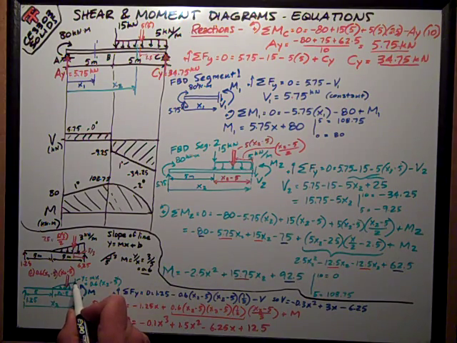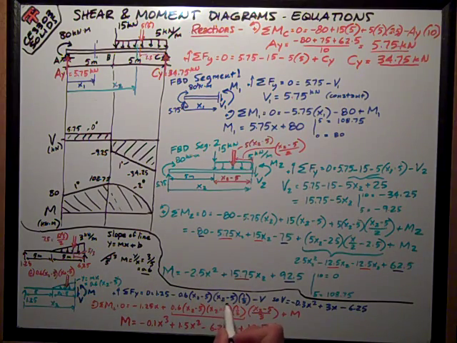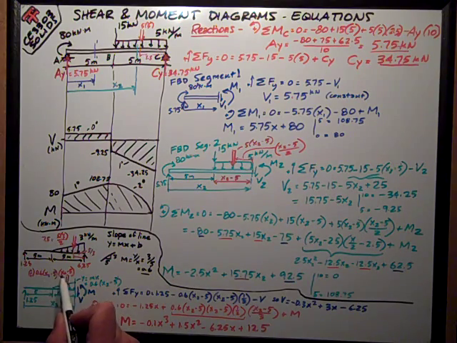That's the height of that triangle. The base of the triangle is x2 minus 5. And it's a triangle, so it's times 1/2. So the resultant force, which I've written here in red also, is 1/2, because it's a triangle, times 0.6 (x2 minus 5), the height of that point right there, times (x2 minus 5), which is the base.